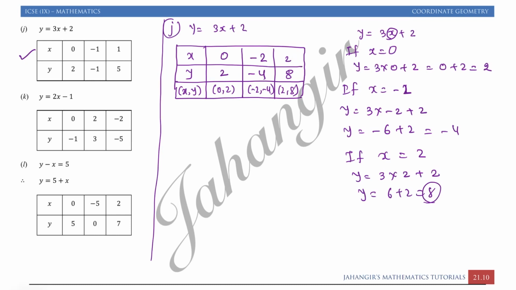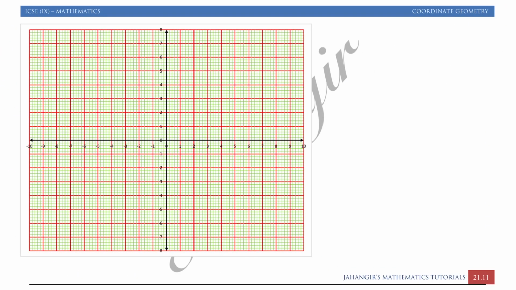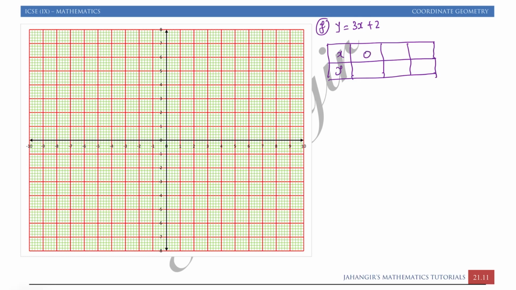So let us make the graph. Here also we will write the question: y is equal to 3x plus 2. I can make only two values, that is okay, x and y. You can take any value as per your choice. I will just follow the previous table.